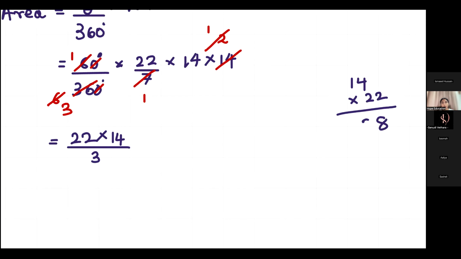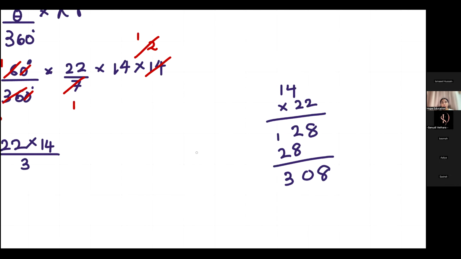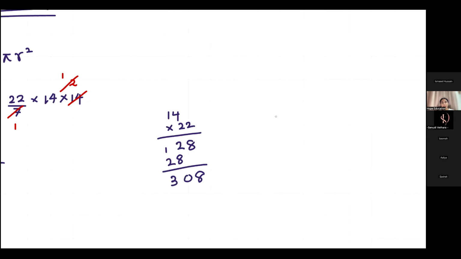Again, 2 times 4 is 8. 2 times 1 is 2. So 8. 8 plus 2 is 10. 1 remaining. 2 plus 1 is 3. So 22 multiplied by 14, we get 308. 308 we have to divide by 3.